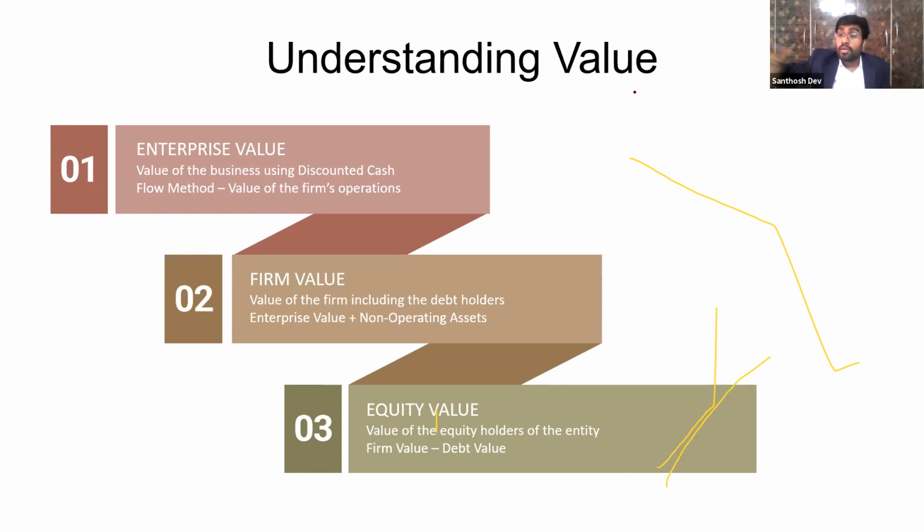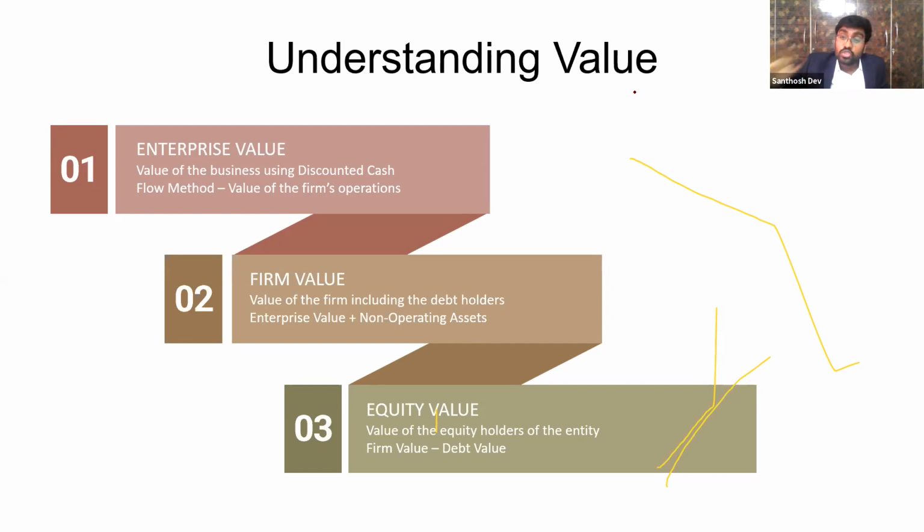Tata Motors will have a piece of land somewhere in Coimbatore or Gurgaon, which it does not intend to use as a factory, and is holding only for investment purposes. That asset's value will not be reflected in the DCF calculation of enterprise value. Add that land and building, add the jewelry, add the cash balances.